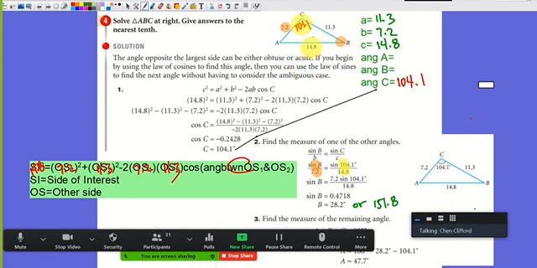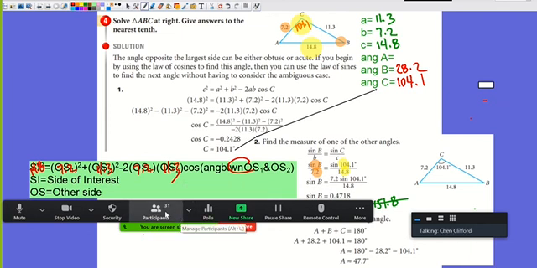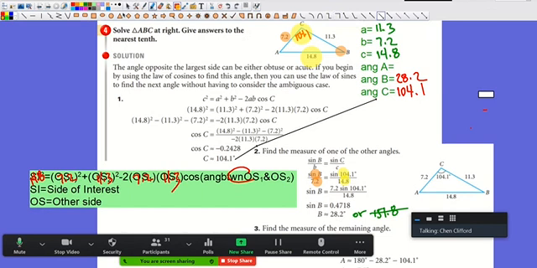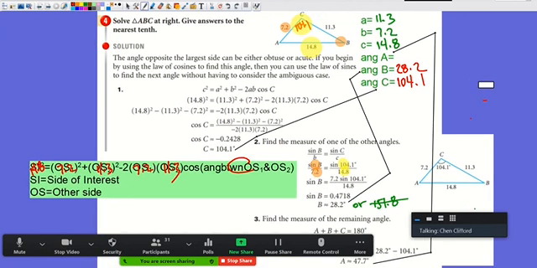So it's not going to be 151.8, so it has to be 28.2 for B. And then last step, subtract all of them from 180. This is angle B. And for angle A, you'll get 47.7, by subtracting it from 180.